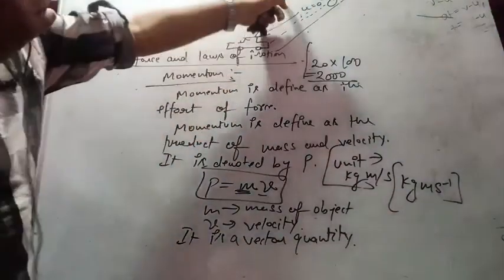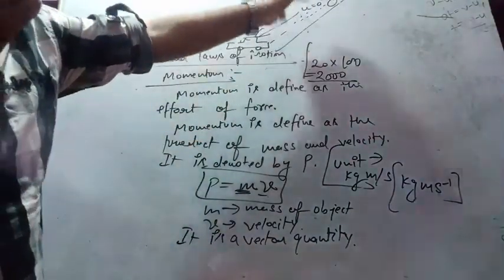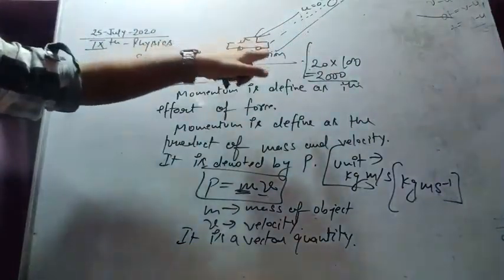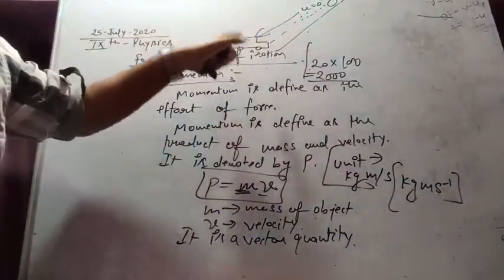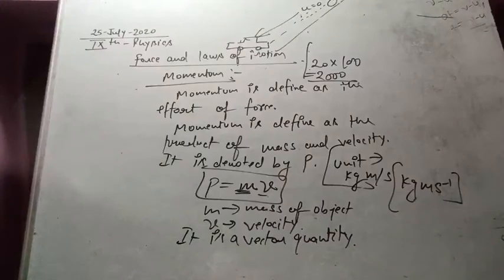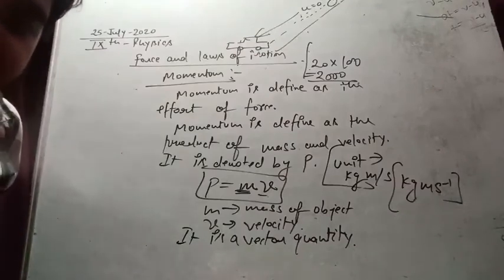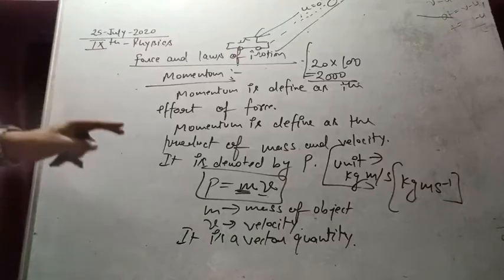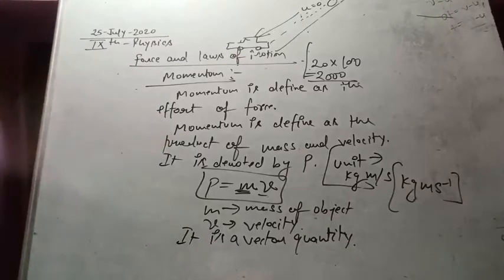This is the effect of force: because the momentum is higher, the effect of force is higher, so it will produce a very large effect on this car and can seriously damage it. I hope you understood the meaning of momentum. It is the effect of force, and it is given by the product of mass and velocity. Once an object of certain mass comes with a high velocity, it will create a very high momentum.